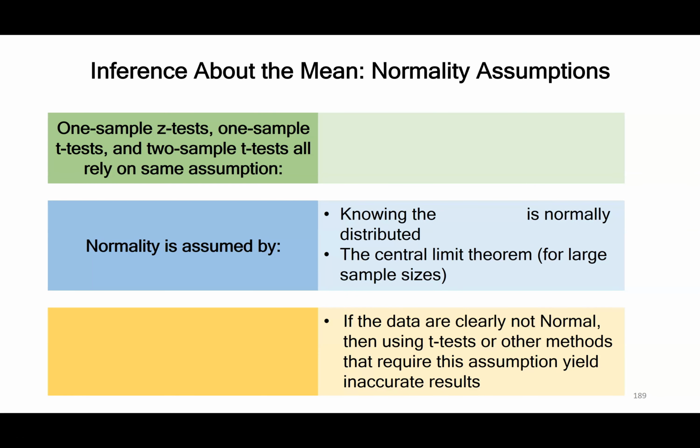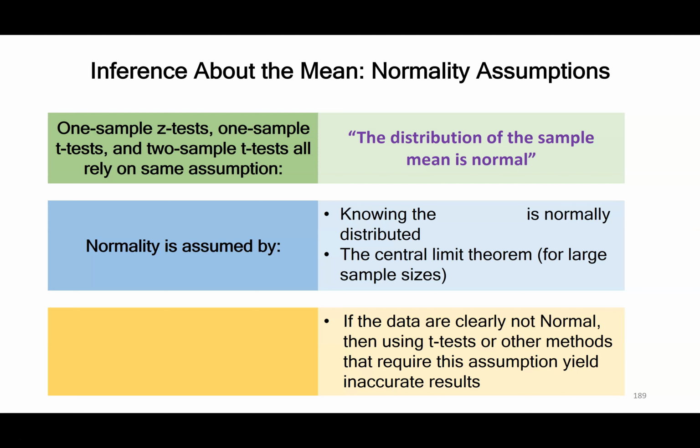When we want to talk about the mean, we are using normality assumptions if we're using t procedures. A one sample z-test for a mean, a one sample t-test, and a two sample t-test all rely on the distribution of the sample mean being normal, so that the sampling distribution of x bar is normally distributed.